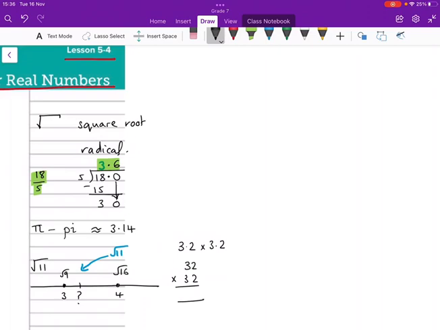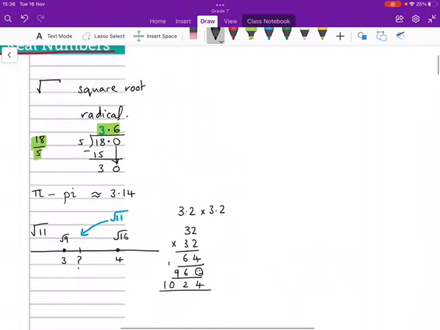Go ahead and multiply that, and you'll get 2 times 2 is 4, and 2 times 3 is 6, and then put a smiley face. 3 times 2 is 6, and 3 times 3 is 9. Add those together, and you're going to get yourself 1,224. But remember, we were testing 3.2 times 3.2. So if we put our decimal there, we did 1 decimal place, 2 decimal places, so we move that there.